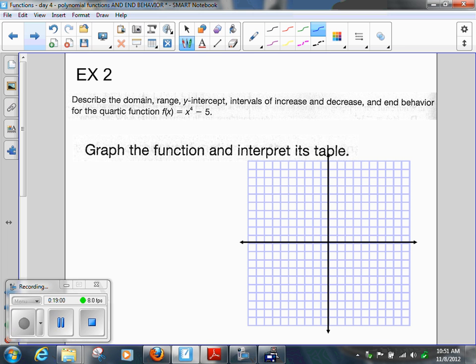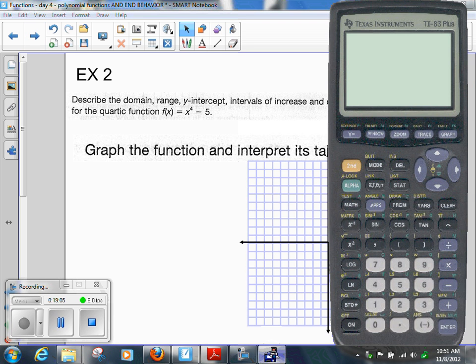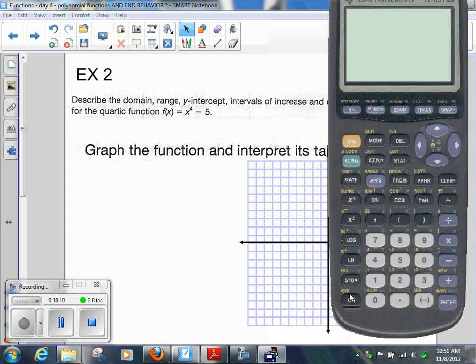Total calculator problem. All right, so we've got x to the 4th minus 5. X raised to the 4th minus 5. Y'all got that? Graph it.